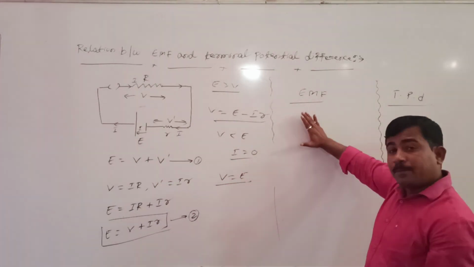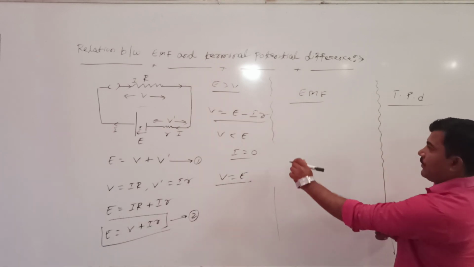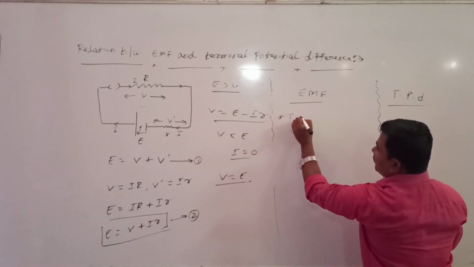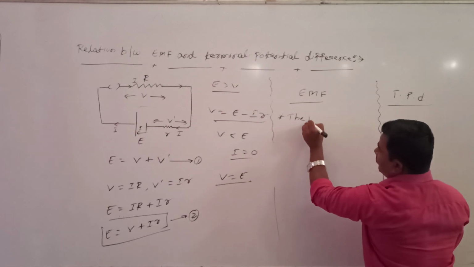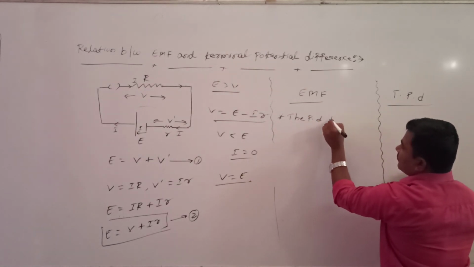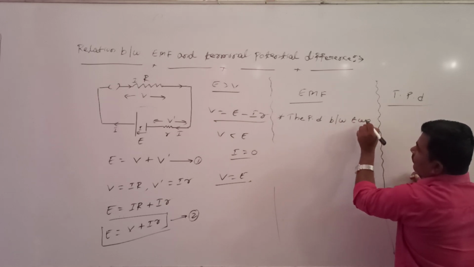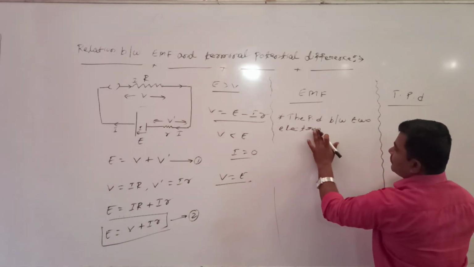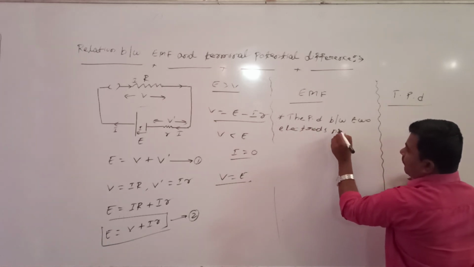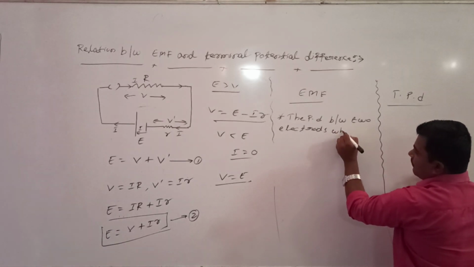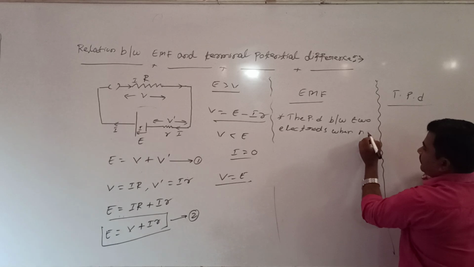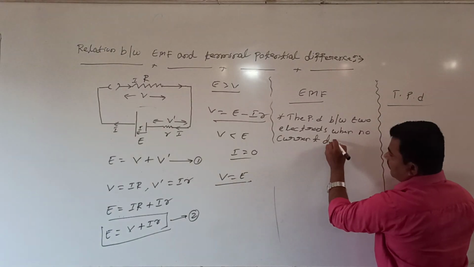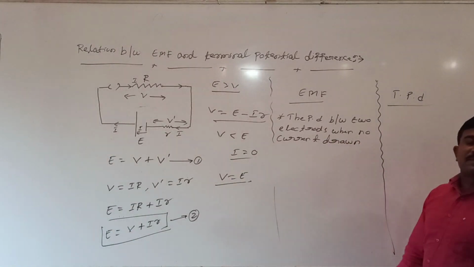When circuit is open, it is the maximum potential difference between two electrodes, when no current is drawn from the cell.